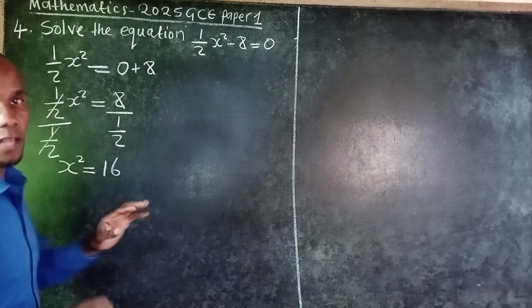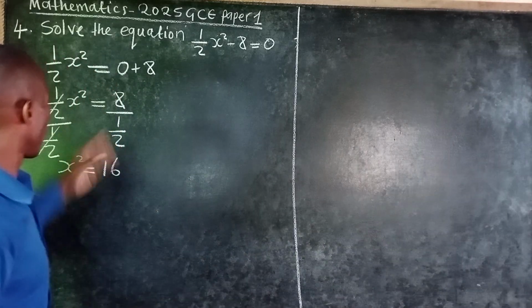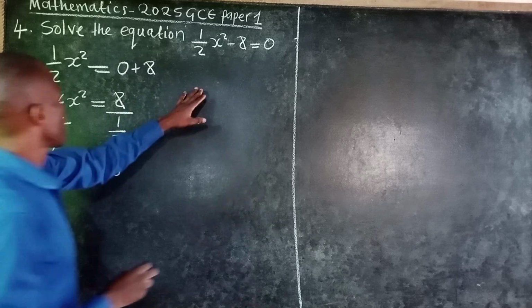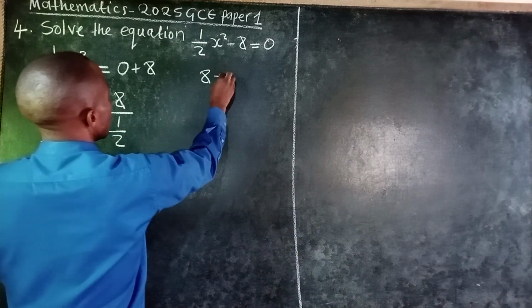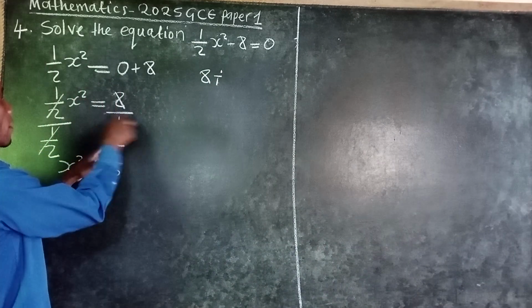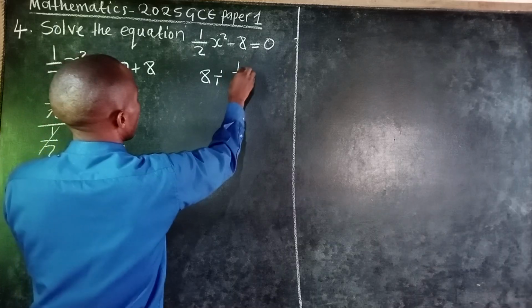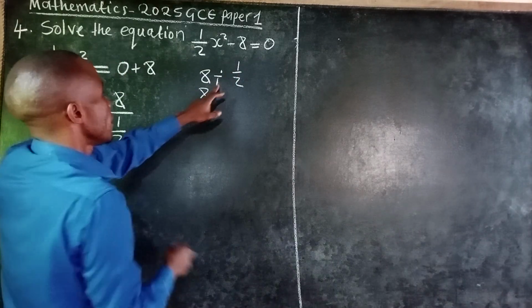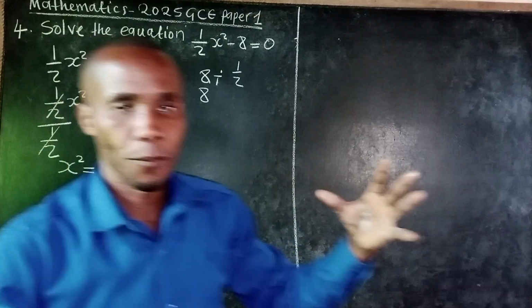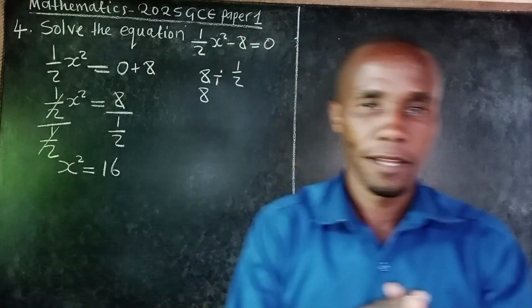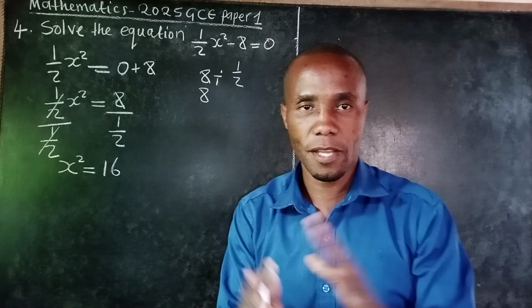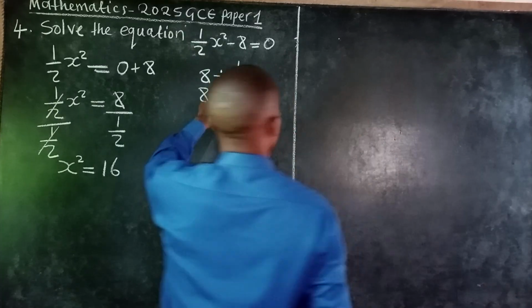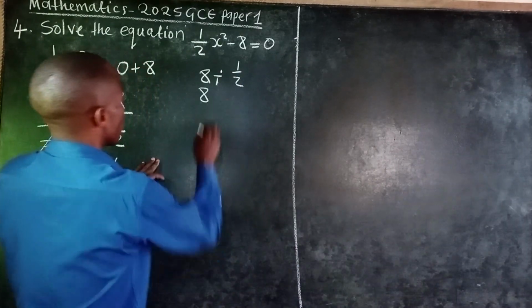Okay, so now let me show you how we have found this 16. So we are saying 8, this is divide by, remember, division sign, then you say 1 over 2. So here, you write 8, then this divide by. Remember when we are simplifying fractions involving division, we change this divide by to multiplication.